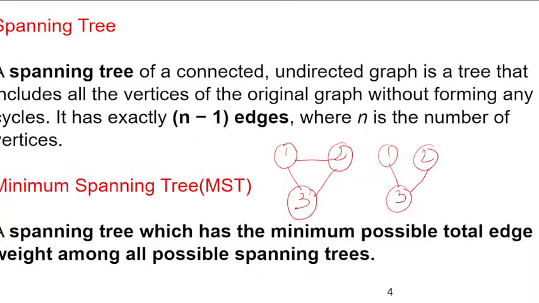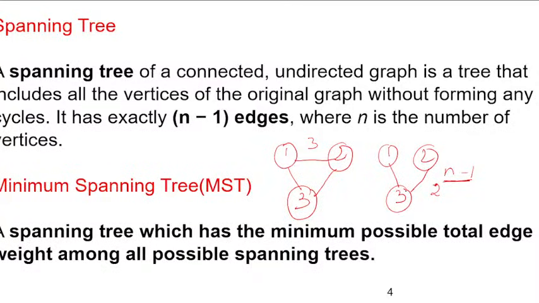So here there are 3 edges. In this graph there are 3 edges. In this graph there are only 2 edges, that is n-1, where n is the number of vertices. So that is the total number of edges in the spanning tree.